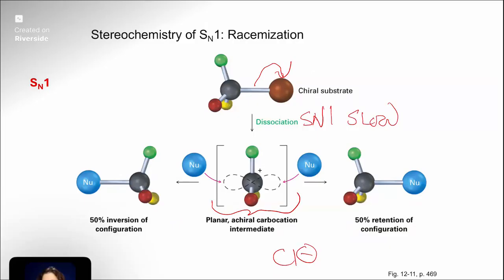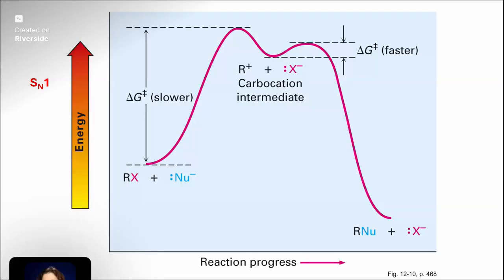This slide also emphasizes that once you form the carbocation, we've forgotten any chirality we had initially, and the nucleophile can approach in a later fast step from either face to create a racemic mixture of products. The minimum number of steps in an SN1 reaction is 2, one of which is the leaving group leaving to create a carbocation and a halide.